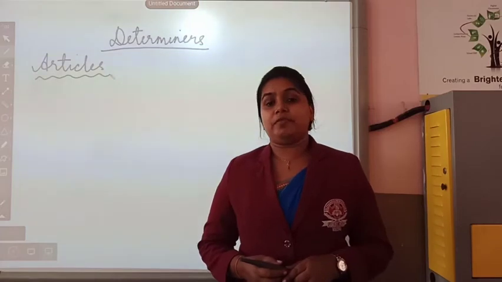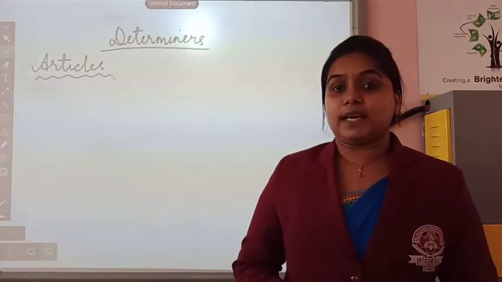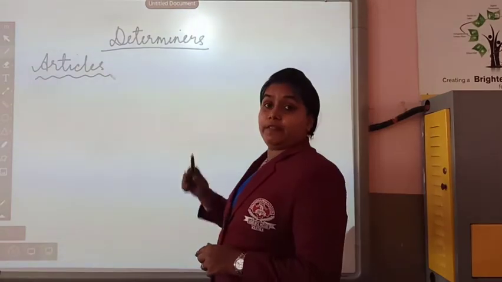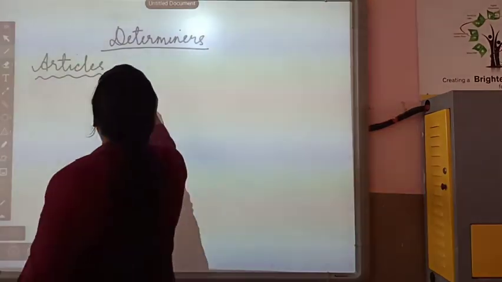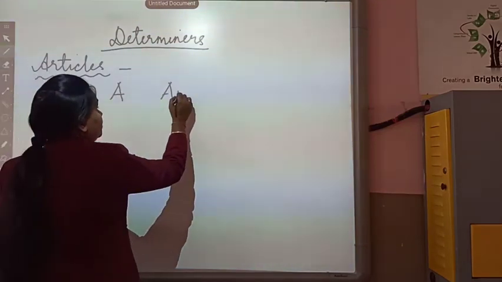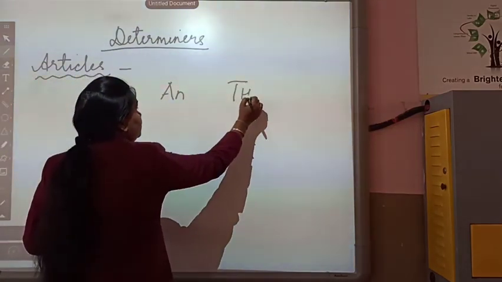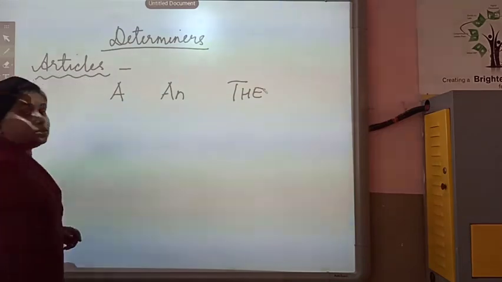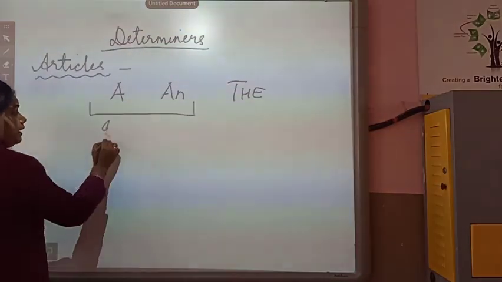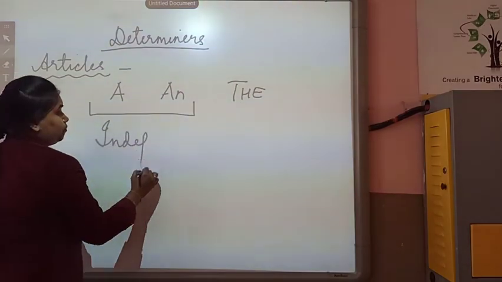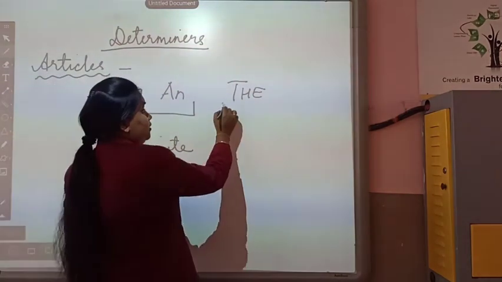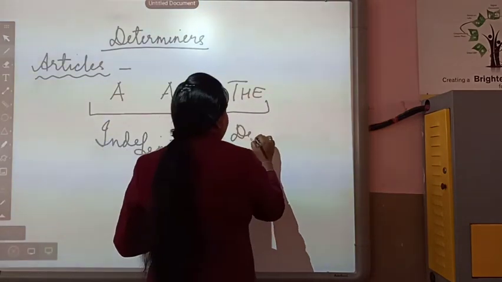The first type of determiner that we are going to discuss is articles. The articles, as you know, are a, an, and the. In this, a and an come under indefinite articles, and the is the definite article.